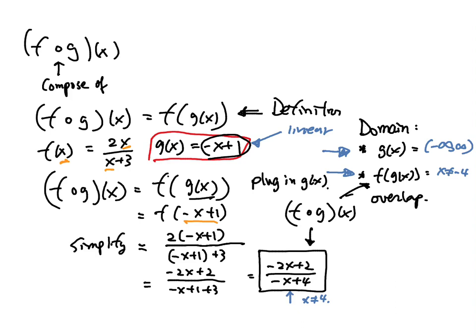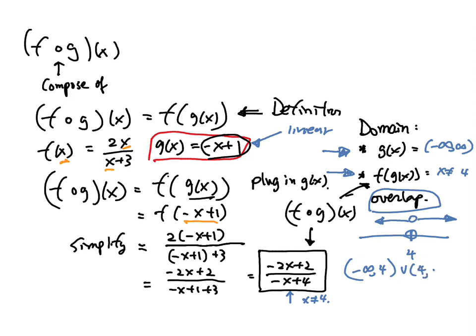So x cannot equal 4. That means the domain for the final answer, where they overlap, is, on the number line, from negative infinity to 4, union 4 to positive infinity. This right here is the domain.